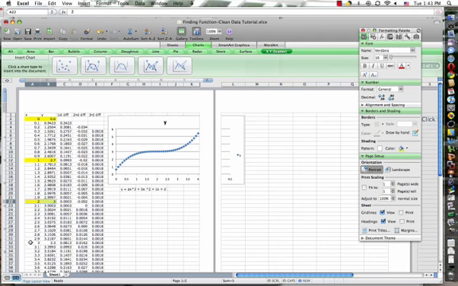We're going to need 4, so let's come down and get one more ordered pair. Then we will take each of these 4 ordered pairs, substitute the x and y values into this general form of our cubic, to come up with 4 equations in 4 unknowns.